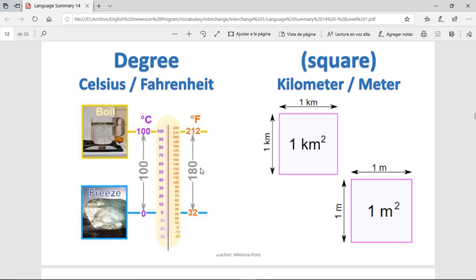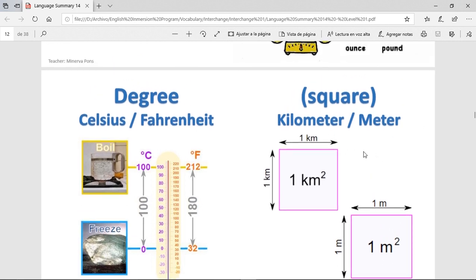But Fahrenheit is a bit different: at 212 degrees Fahrenheit the water boils, and at 32 degrees Fahrenheit the water freezes. That's why usually it's better to use the metric system, because it's more consistent. You know that 100 boils, 0 freezes. You can think of it really easy. But with 32, 212, it's kind of weird.